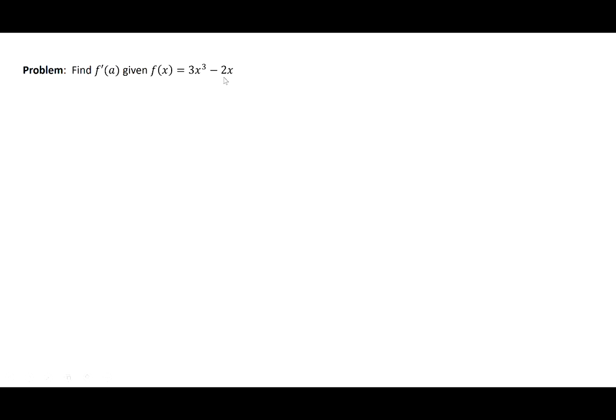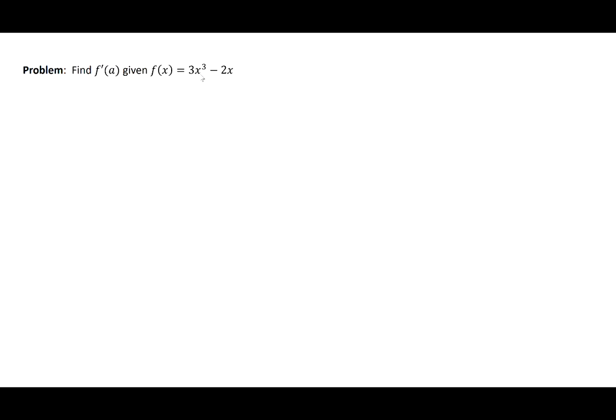f of x equals 3x cubed minus 2x. What is f of a? 3a cubed minus 2a. You simply replace x with an a, right? Okay, can you figure out f of a plus h? Wherever you see x, you replace that with a plus h.